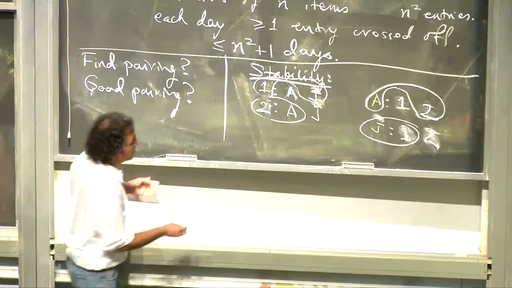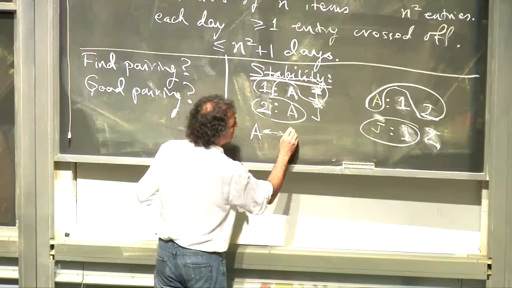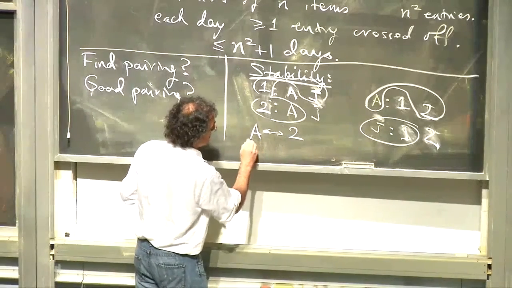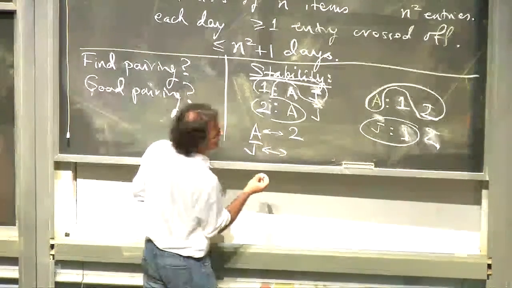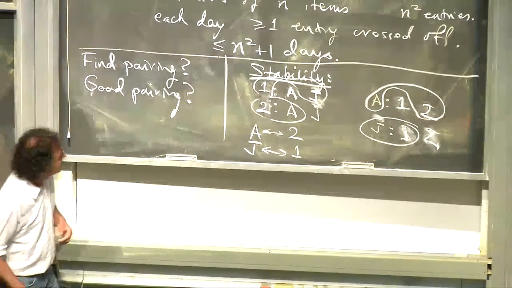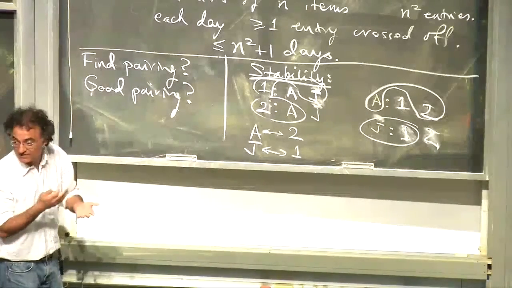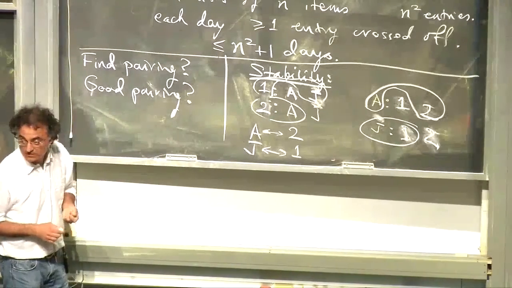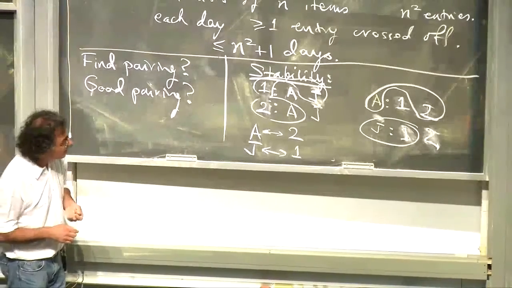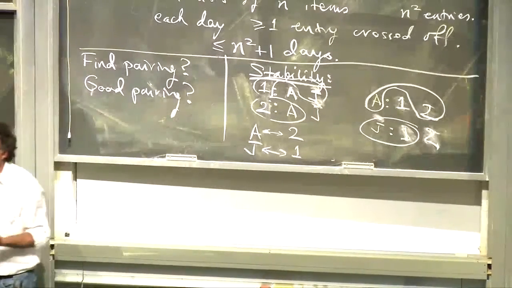Our pairing is A is matched with 2 and J is matched with 1. Which ones are the men? So 1, 2 are the men, A and J are the women, let's say. It doesn't matter. It's symmetrical. One doesn't like you. Well, yeah, of course. That's life, right?